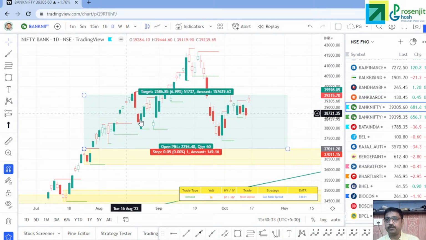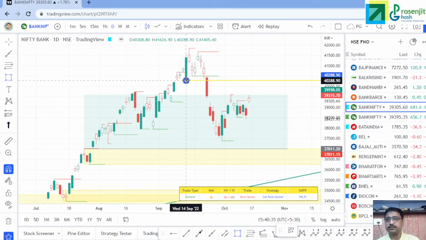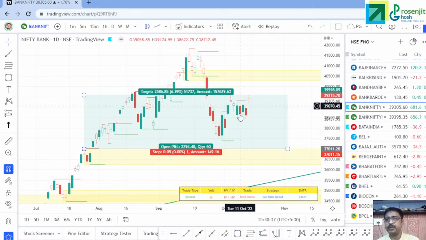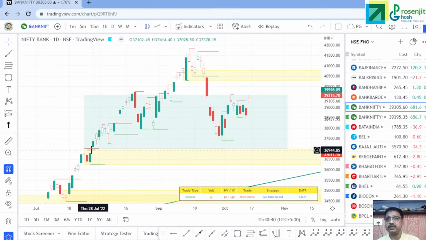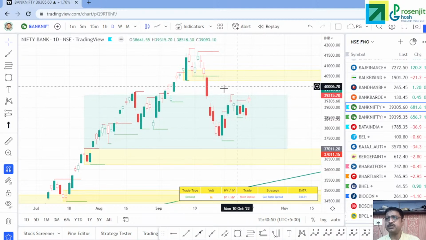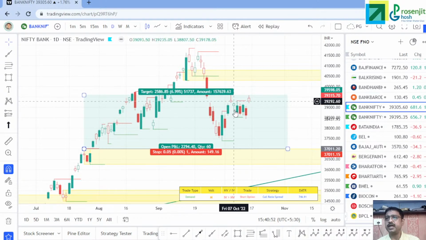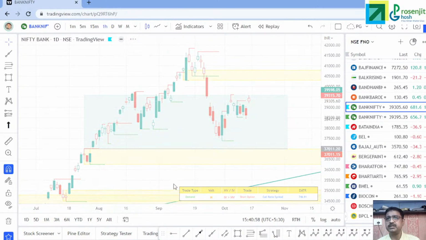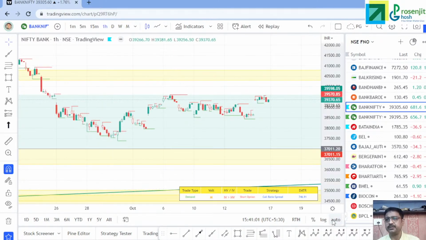So this trade is there, but I don't think it will come to this point right now. It might come somewhere in the future, and I will be taking a trade. But as of now, I think tomorrow price might gap up and go up. Whatever it is, I feel there will be some kind of an intraday trade there.